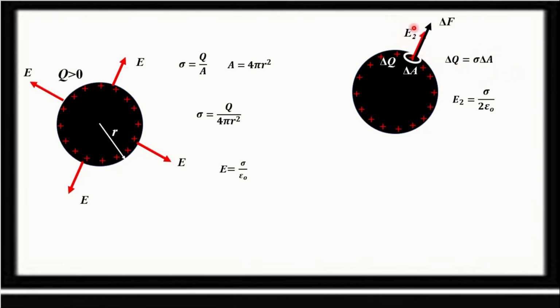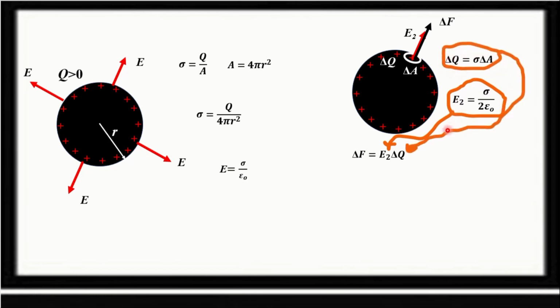Because of the existence of E2 and charge, there is a force on this part of the ball, delta F, and delta F is equal to the product of electric field times charge. We will use this equation for electric field and this equation for charge to calculate delta F. We have the following equation, where this is the electric field and this is delta Q. We open the bracket and have a simpler equation which we rewrite separately.